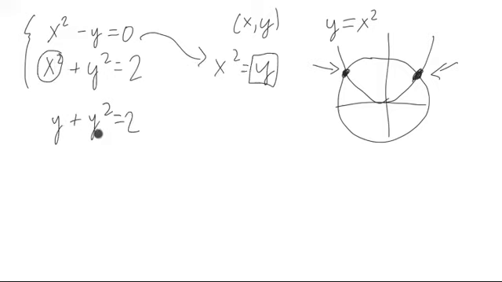Okay, so now we just need to figure out what y's make this work. To do that, this is a quadratic equation. Notice I have a y squared and a y. We should move everything to the same side so we just have 0 over here. Rearrange: y squared plus y minus 2.